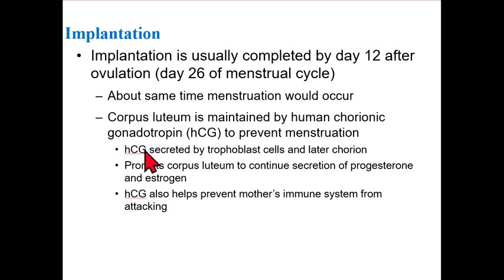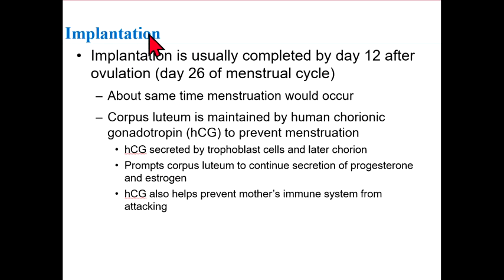Without HCG, the corpus luteum would degenerate, and therefore there would be no more progesterone and estrogen secretion, which is what the corpus luteum secretes, as we learned last chapter. So without those hormones secreted at high levels, the uterine lining is shed.